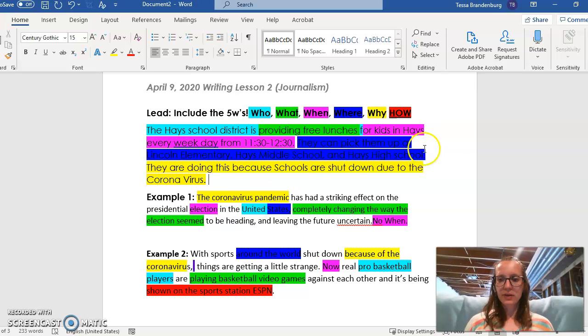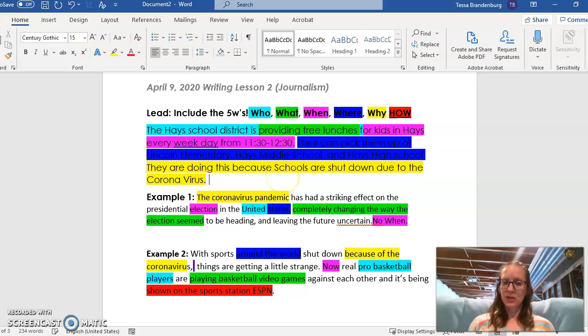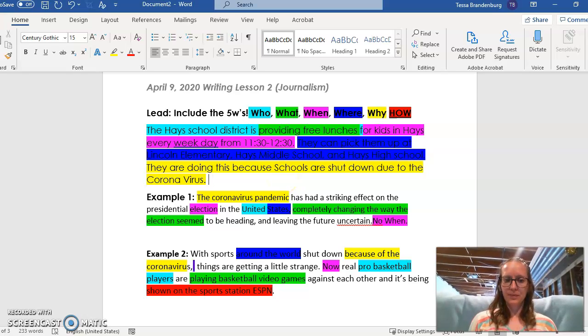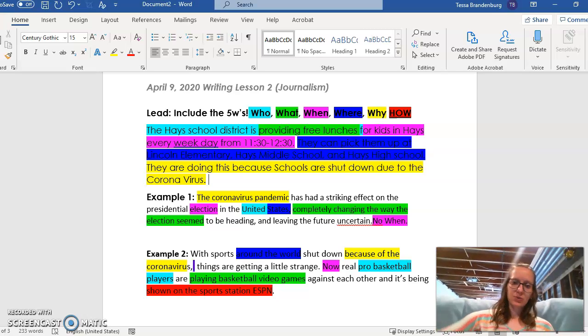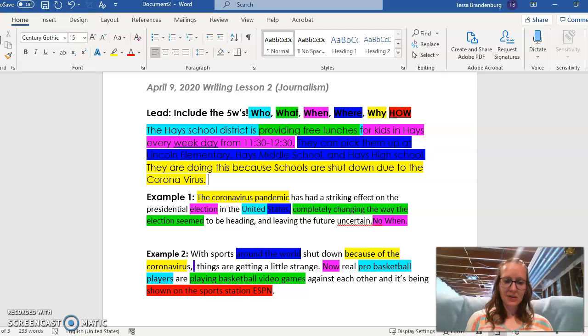And then the how, if you want to add this, is optional, you don't have to, but I'm going to just so you can see an example. The how would be teachers are passing them out at the curb. So they are doing this because schools are shut down due to the coronavirus.